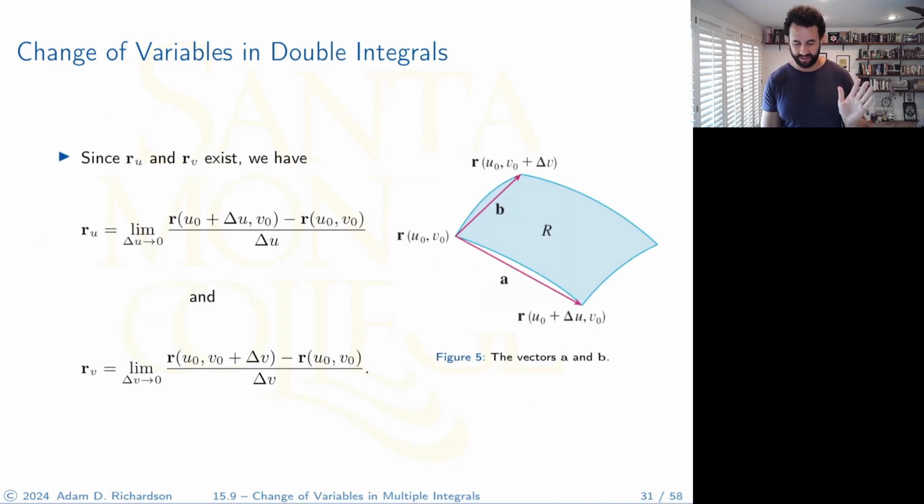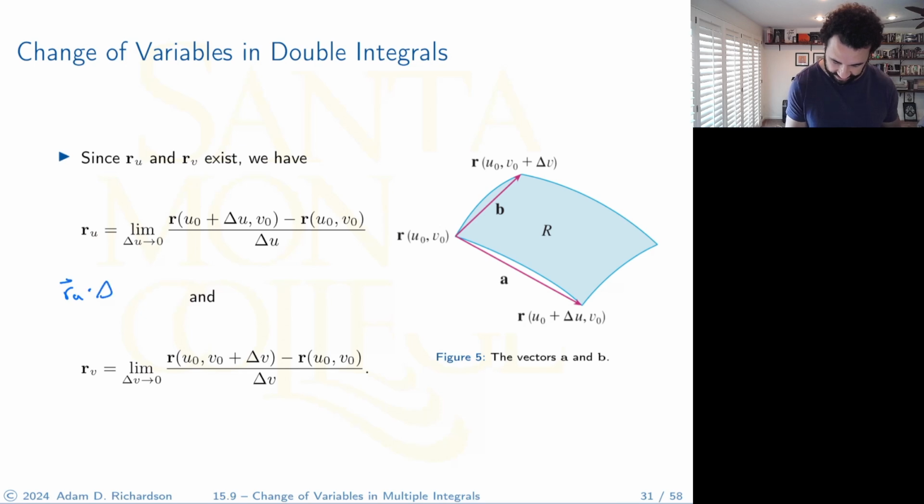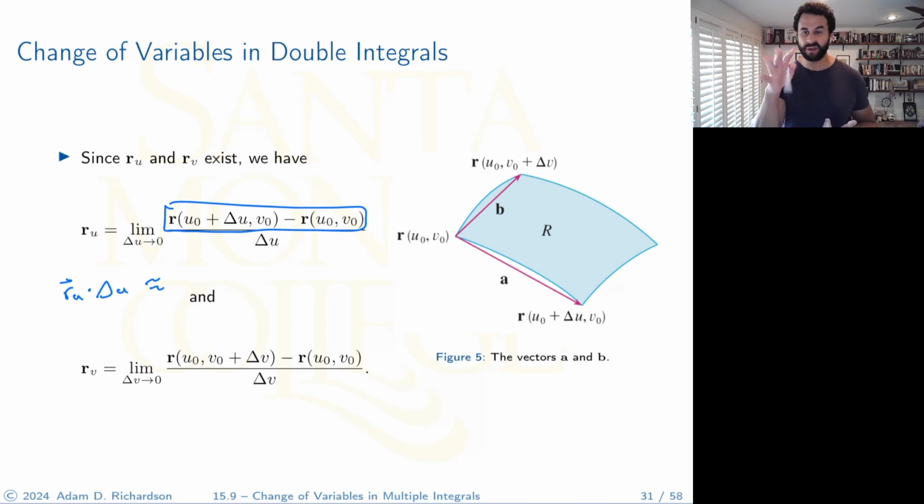Just to reiterate, remember that we have this result. r_u is equal to this limit, right? Because it's equal to this limit, and this is basically a linear approximation at the point, we can say that r_u times delta u is approximately that.